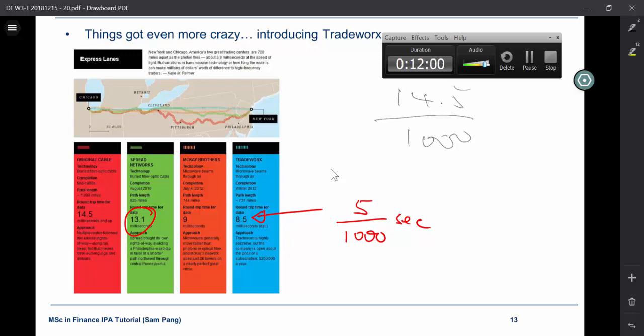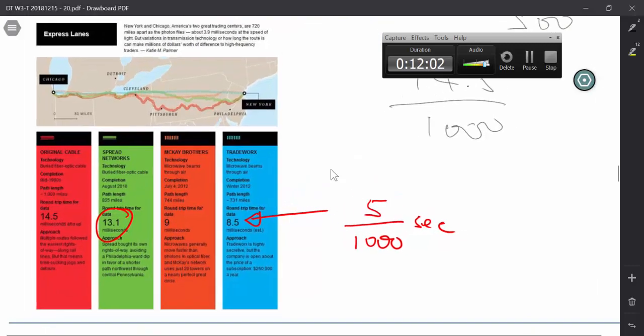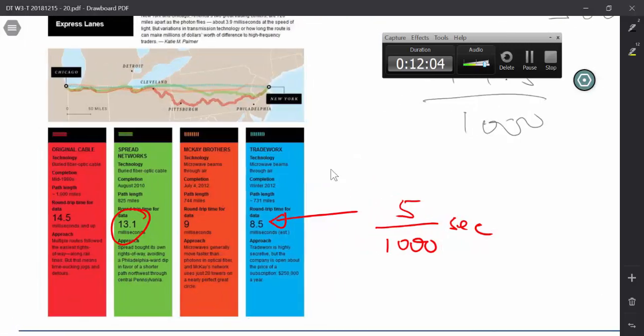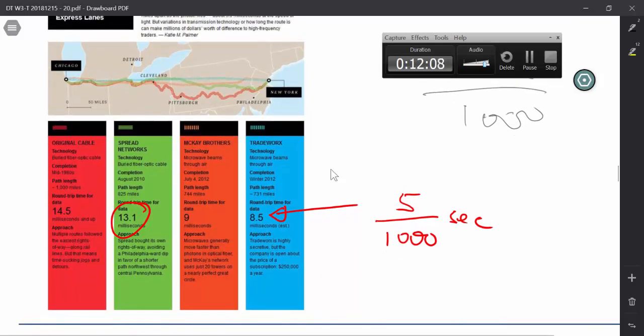At the beginning, some guy came along, and now this was already some years ago, and built a faster one called Spread Networks, and it reduced it from 14.5 to 13.1. And then some other guy came along and reduced it to 9, and now the fastest is 8. These are all real, okay?